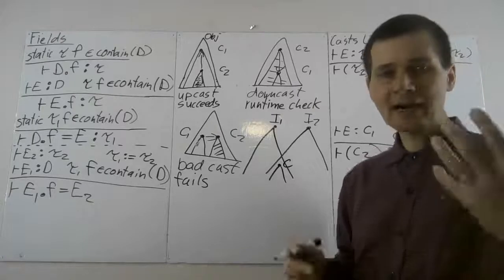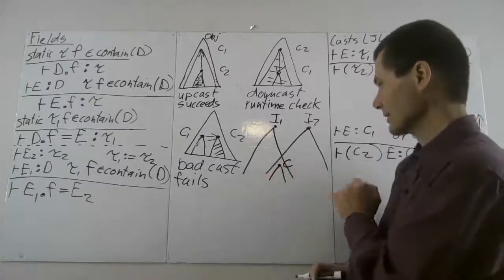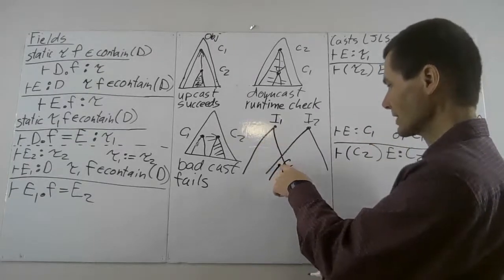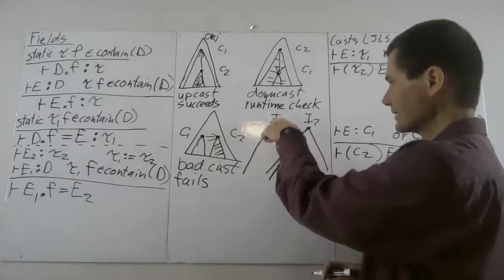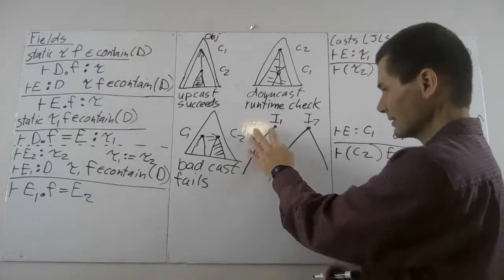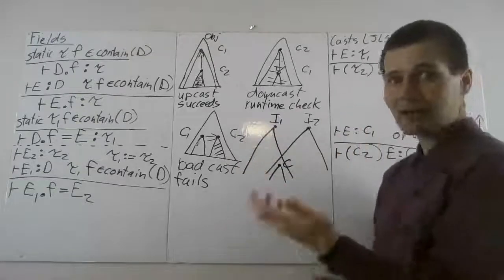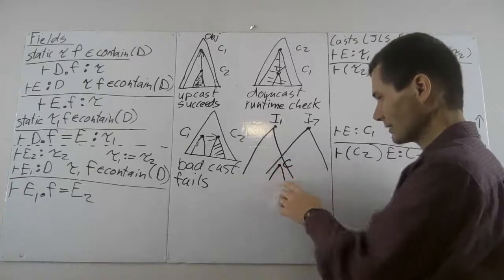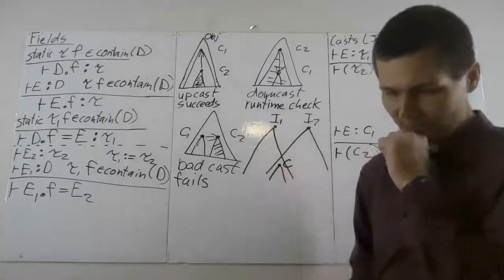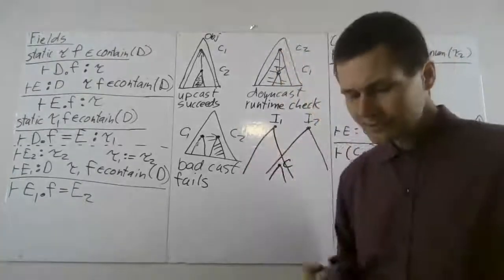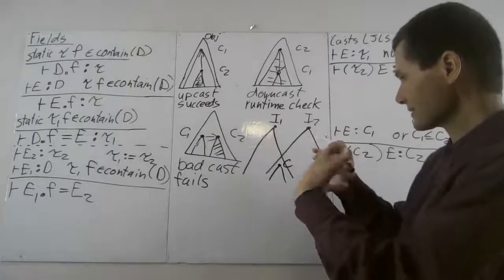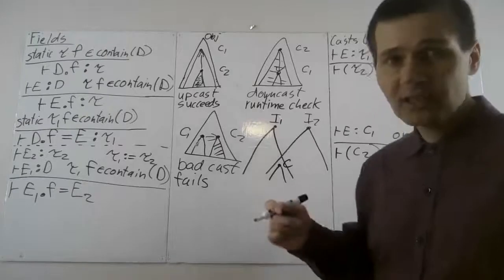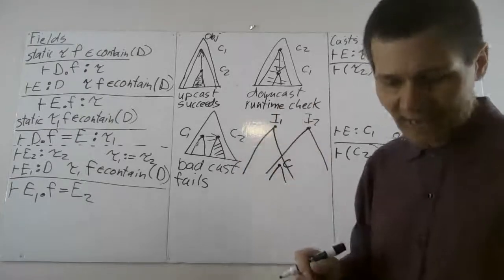Now if I have an object of that class, I know statically that it's somewhere within this left triangle, and now I'm casting it to the right triangle, so I'm basically saying it's somewhere in the intersection here. So with interfaces, the cast might not fail, and so Java does allow it statically.